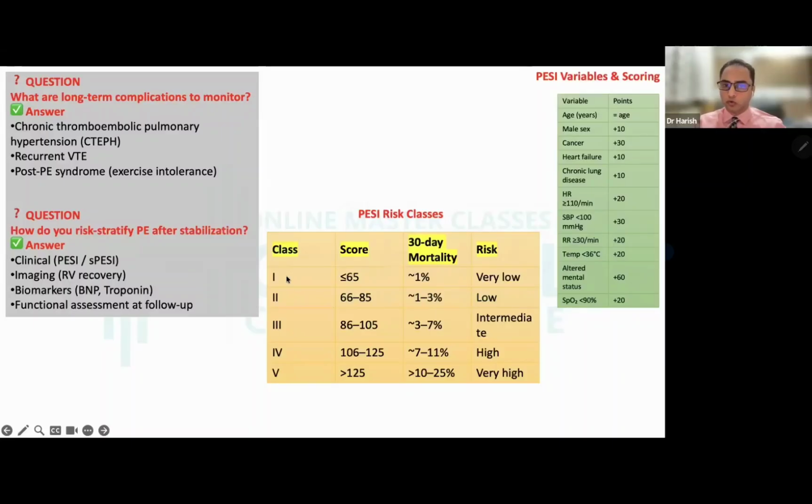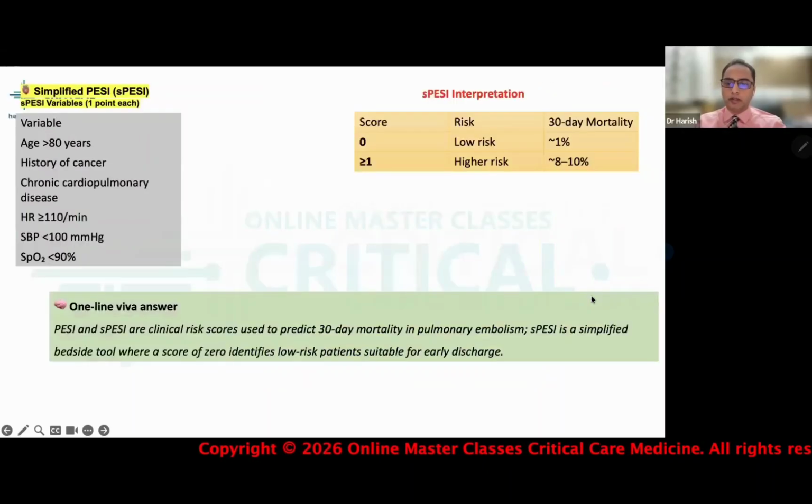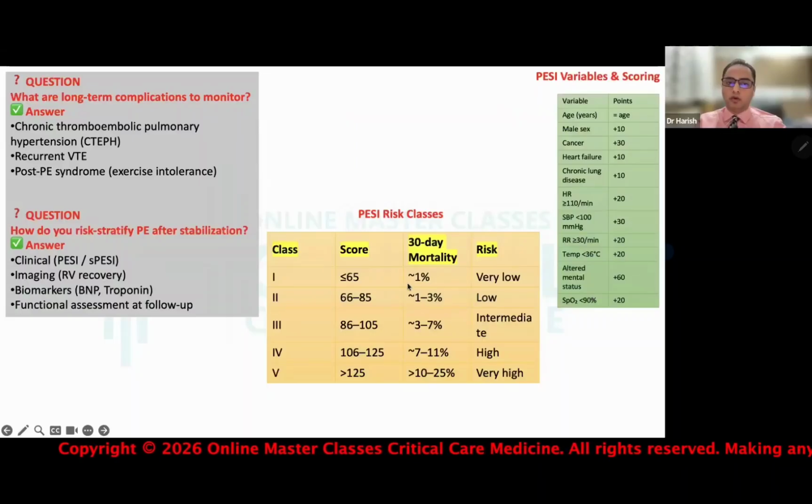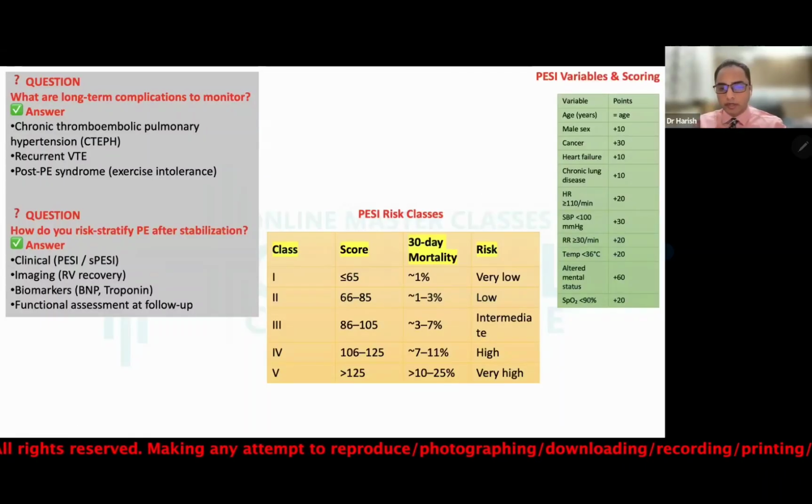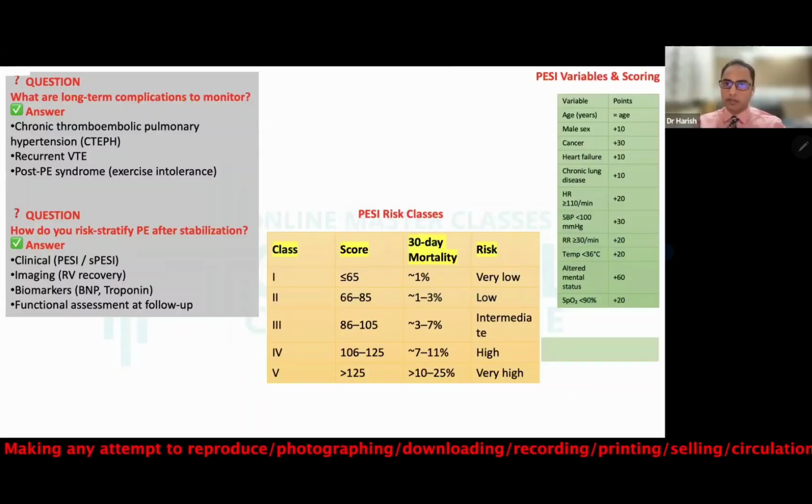The score variables include age, sex, cancer, heart failure, chronic lung disease, heart rate, systolic blood pressure, respiratory rate, temperature, altered mental status, and saturation. Based on that, we have an overall classification depending upon the score value and a particular mortality. So the PESI score helps risk stratification in predicting mortality after stabilization.